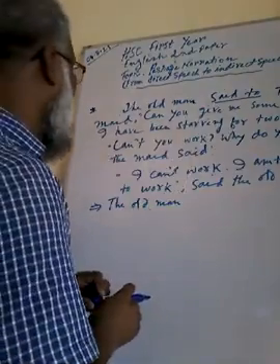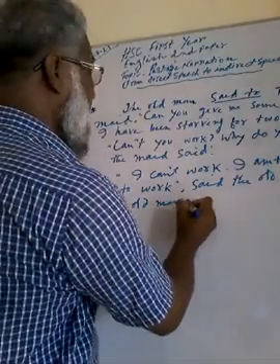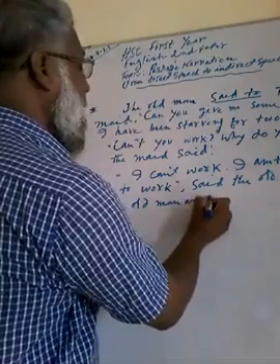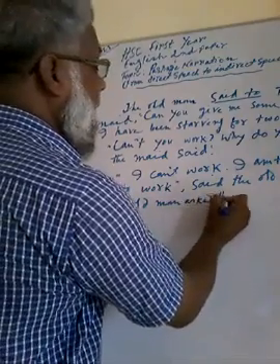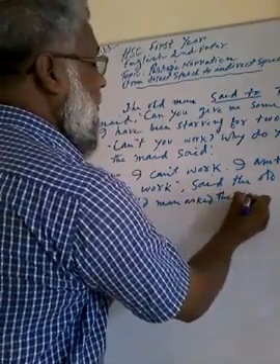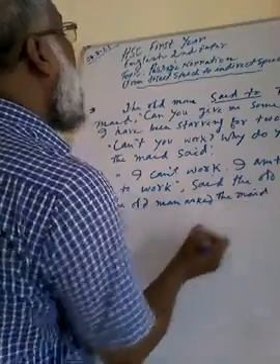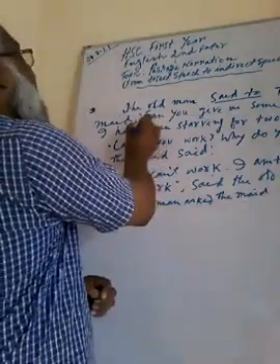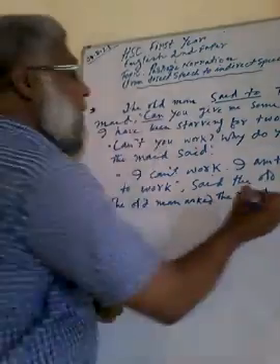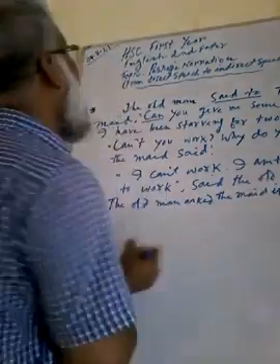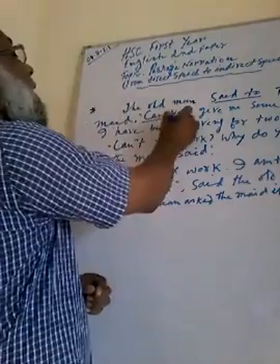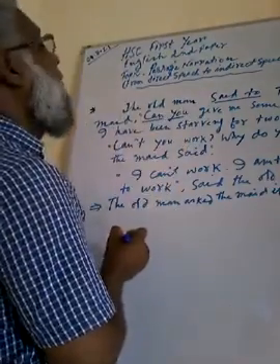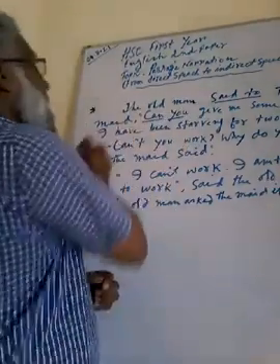So we should use asked. The old man asked the maid. His modal auxiliary or helping verb, if, is to be used. If we use second person, it follows the object, maid.